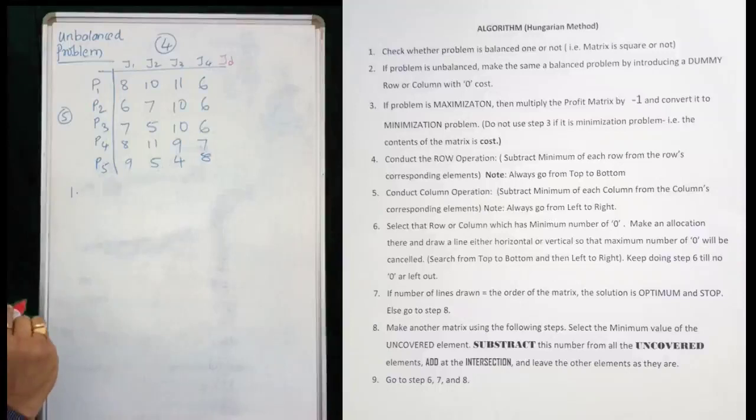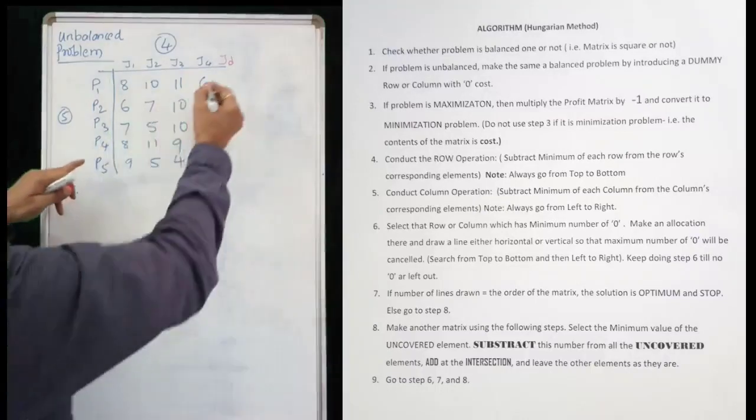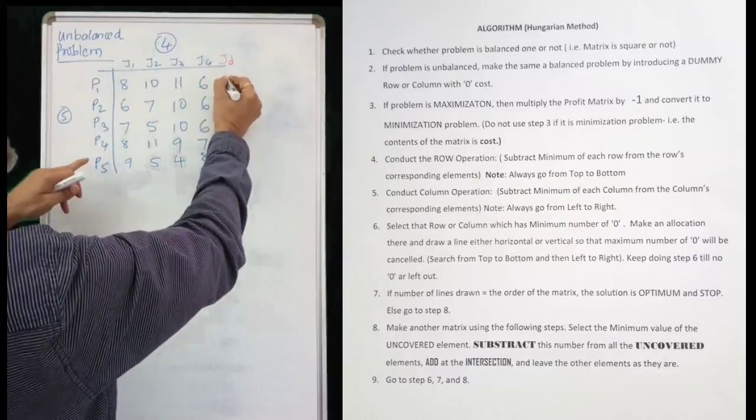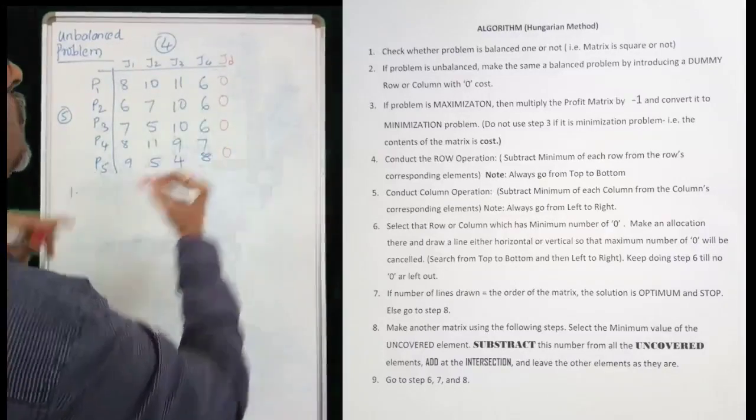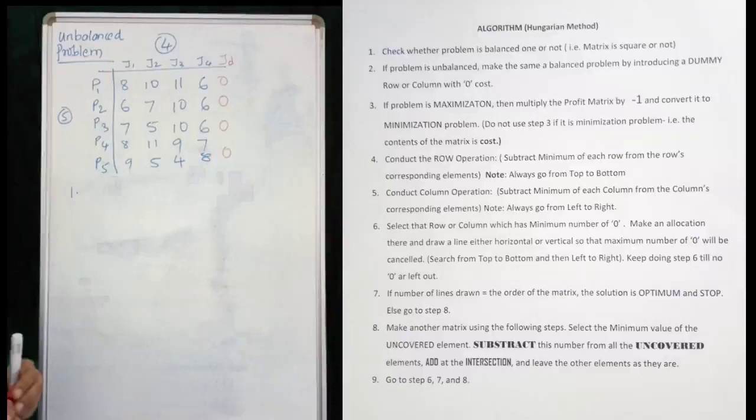This is a dummy column, and I will put a job J dummy with costs 0, 0, 0 and 0. Always when there is a cost matrix, put the dummy row or column as required with cost 0. So I have done the first step.